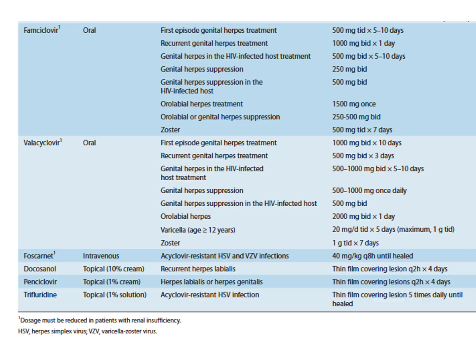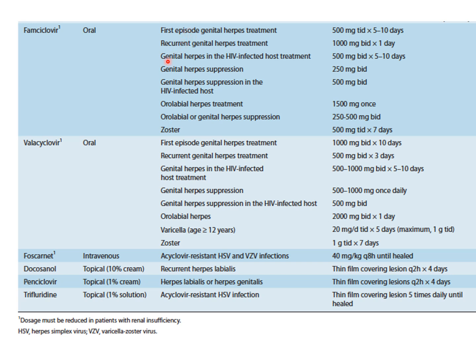Finally, this table shows us a summary. This is the other half of the table we put before. So this summarizes the indications or the uses of these different antiviral medications that we talked about. So we have famciclovir. To summarize, it can be used to treat genital herpes, whether in the first episode or in the recurrence.